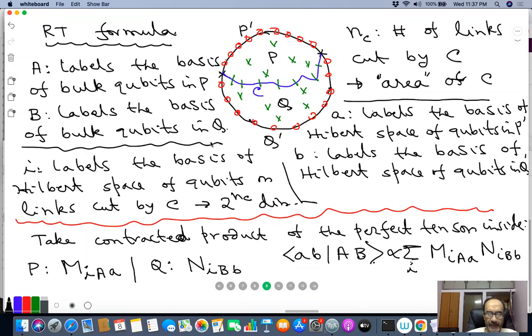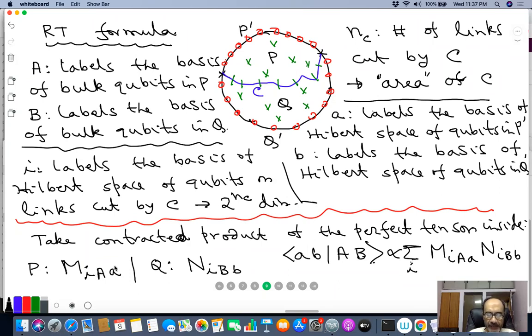A labels the Hilbert space basis here, and small a represents the Hilbert space basis on the boundary. At this stage, this is just some tensor with various labels. Now we can think of this in various ways, right? You can think of some of them as input legs and some of them as output legs, and think of this as a matrix. In this description, it's not a matrix, it's just a tensor with all legs labeled in the same way.